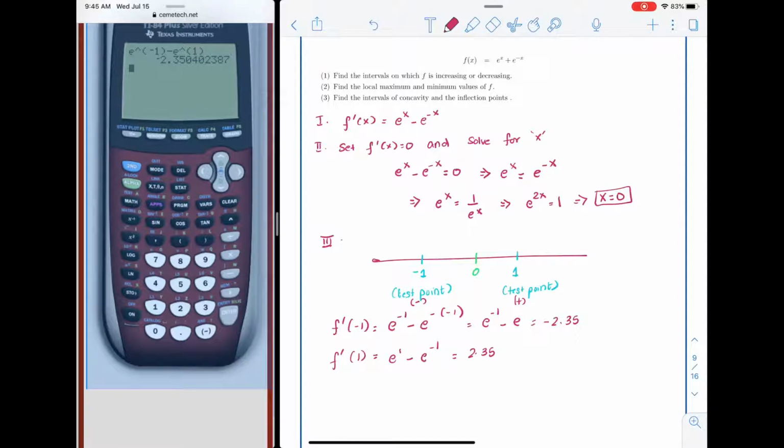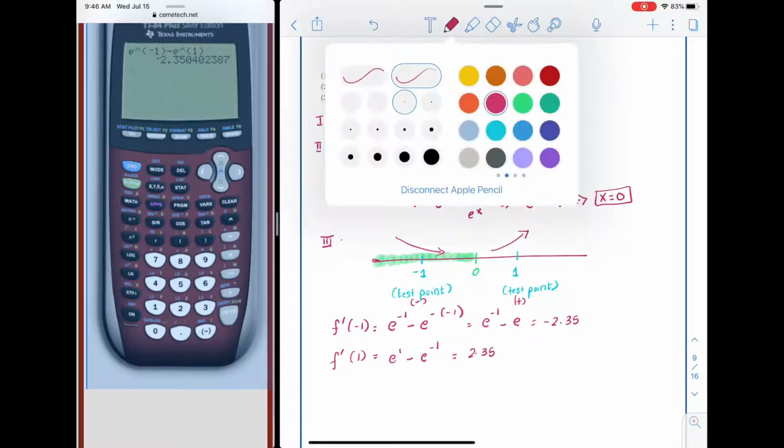So according to the test, the function is decreasing on that interval, and the function is increasing on that interval.